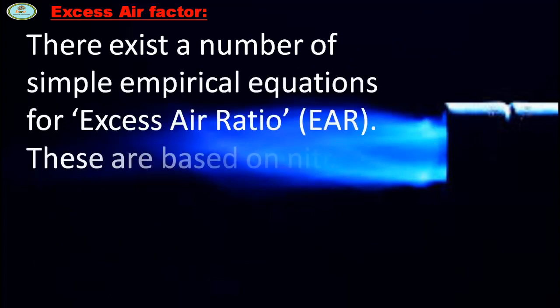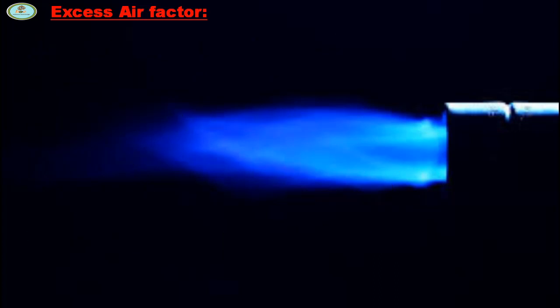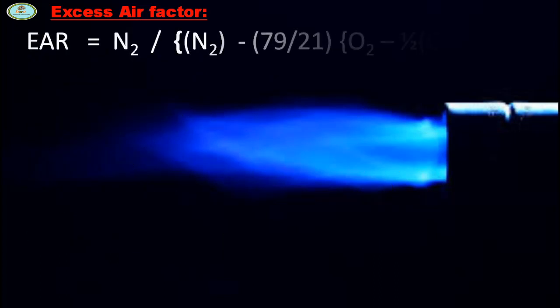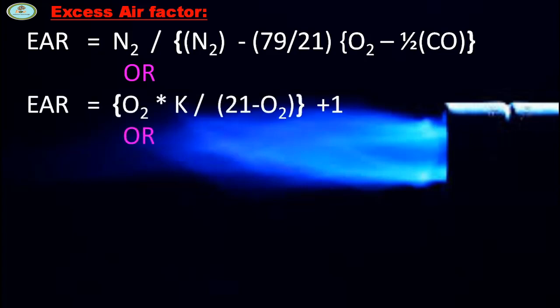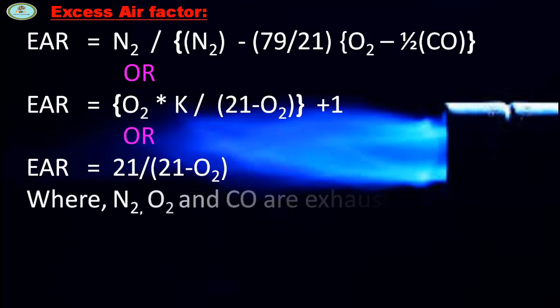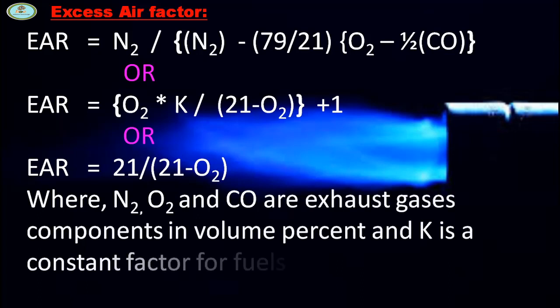They are based on nitrogen, oxygen and carbon monoxide content in flue gas. The excess air factor is N2 divided by (N2 minus 79 divided by 21 into (O2 minus half CO)), or excess air factor is O2 into K divided by (21 minus O2) plus 1, or 21 divided by (21 minus O2), where N2, O2 and CO are exhaust gas components in volume percent and K is a constant factor for fuels.